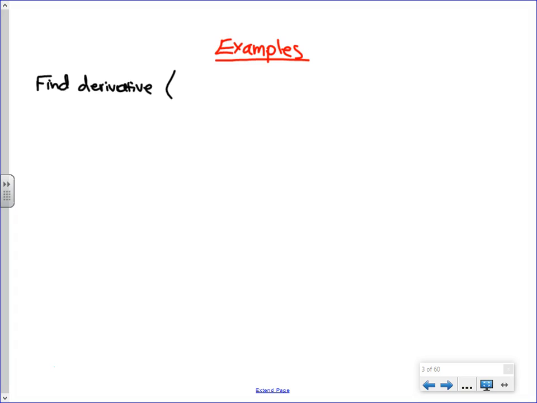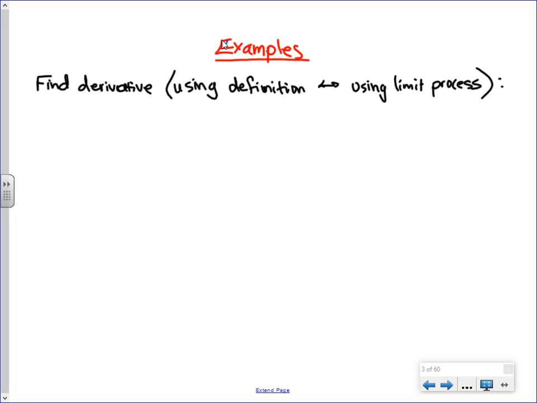It could be technically stated 2 different ways, using the definition, or, with a little double-sided arrow to say it's the same thing, using the limit process. If these are the directions, it means to use the limit as delta x or h approaches 0, and to actually find the derivative using a limit. So let's go ahead and do some examples.